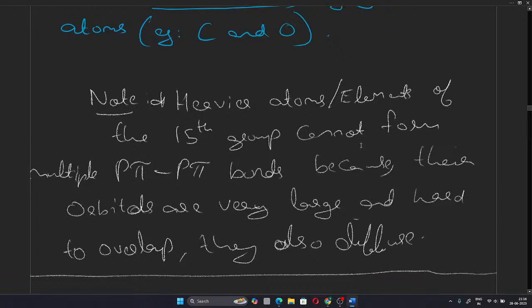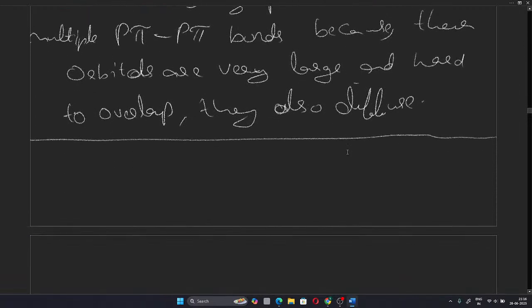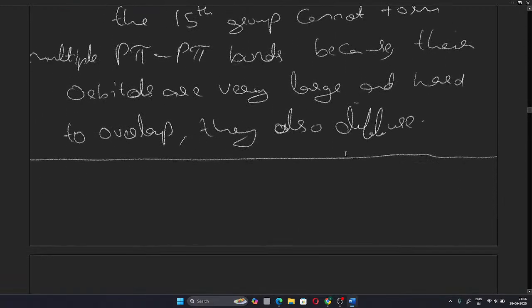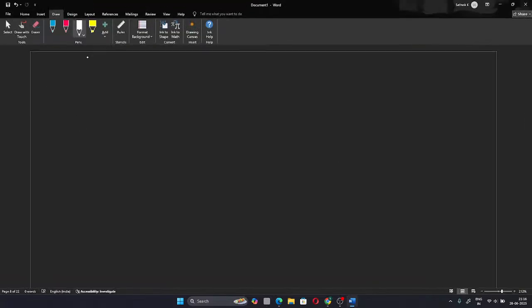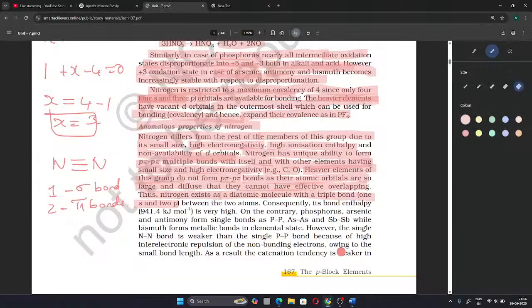Seems highlighted if I use the pencil, so okay. Then the next, between two atoms, consequently its bond enthalpy is 941.4 kilojoule per mole, which is very high.